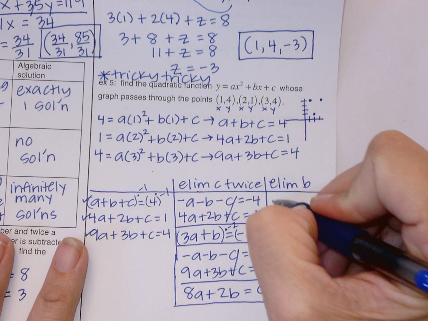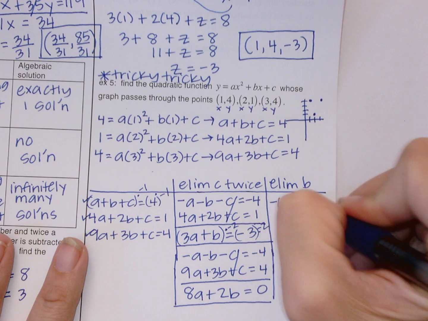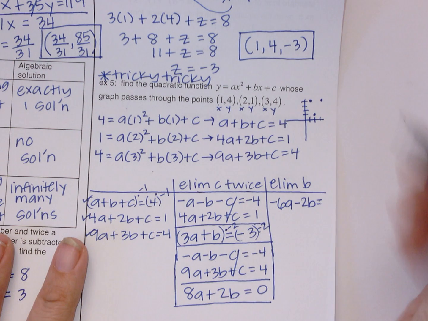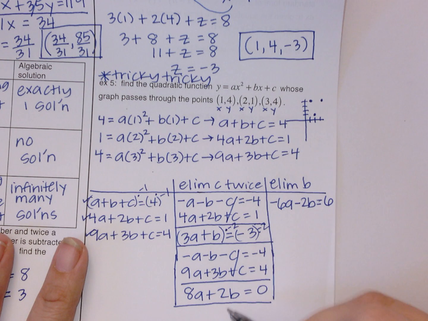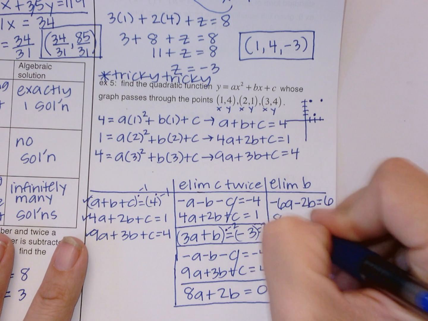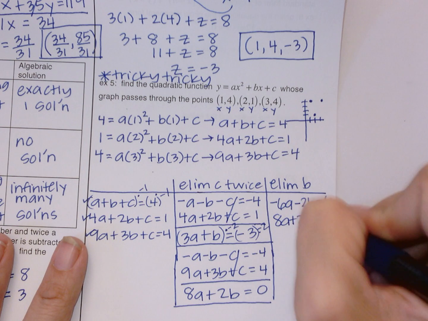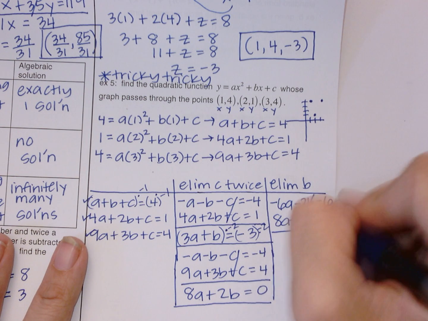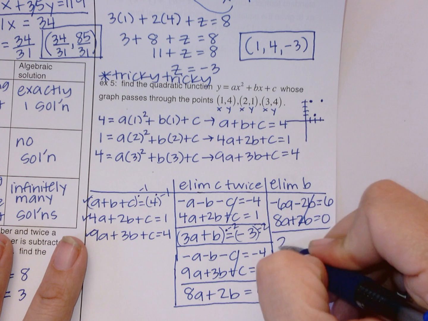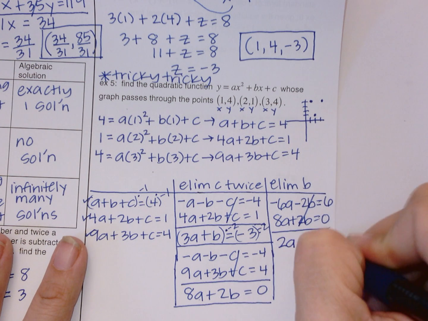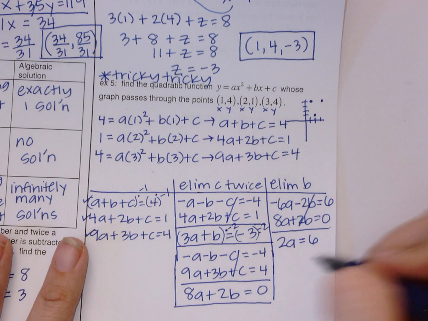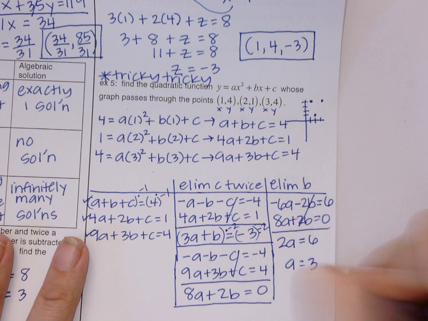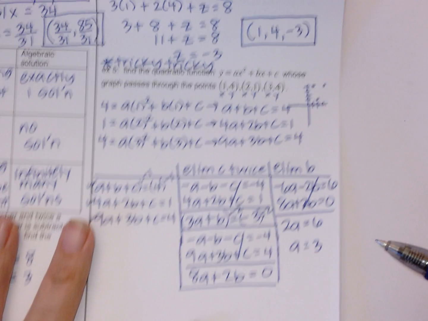So I get -6a minus 2b equals 6. And then from this one, I have 8a plus 2b equals 0. Those are eliminated, and I end up with 2a equals 6. Divide both sides by 2, and I get a equals 3. So my leading coefficient is 3.